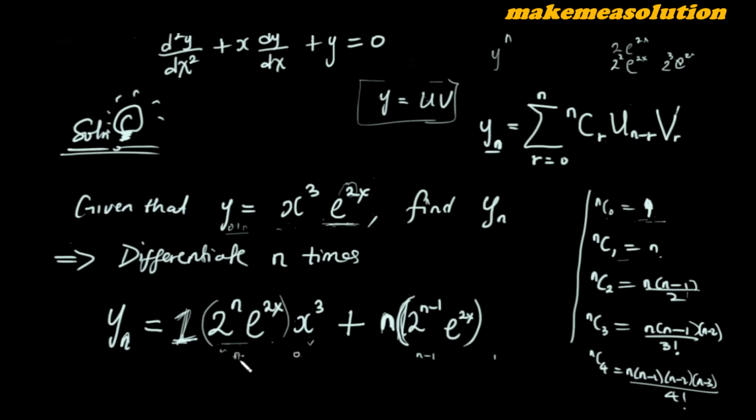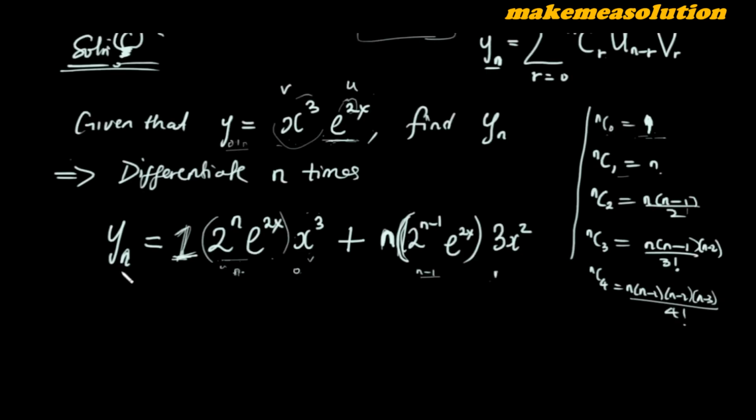N plus 0 is n. If I differentiate my u n minus 1 times, I need to differentiate my v 1 time, so that n minus 1 plus 1 takes me back to n. Differentiating v once gives 3x squared.